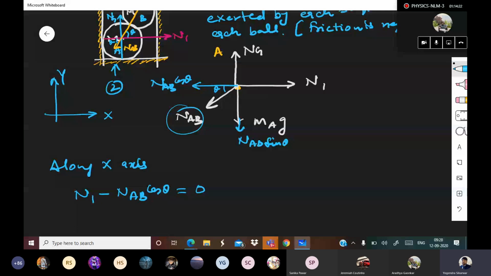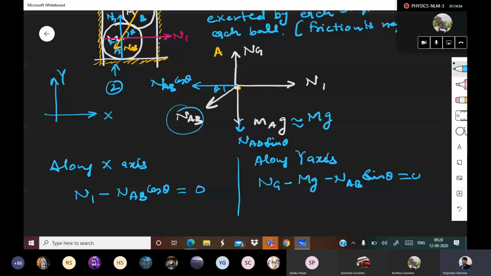Similarly, along y-axis, Ng is upward minus Mg. MAG is nothing but Mg, because mass of A is M. Second thing is minus NAB sine theta and that is equal to 0.